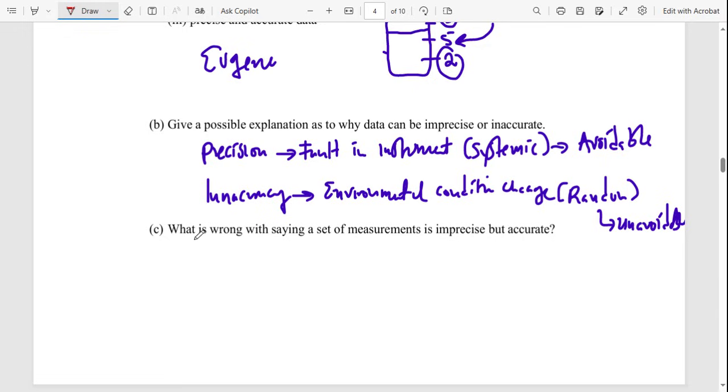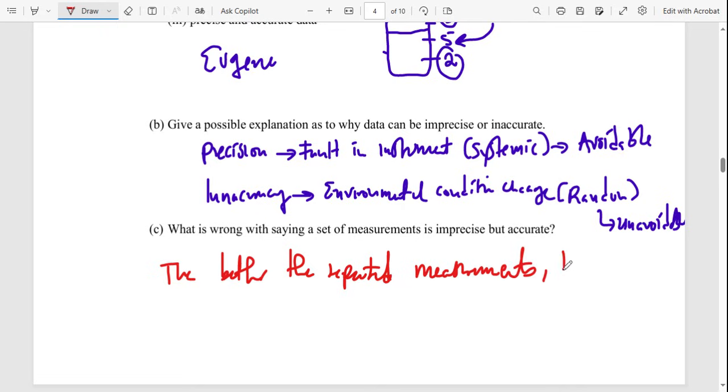Okay, but if the repeated measurements are good, it means you are also going to be accurate. So the better the repeated measurements, the more accurate.